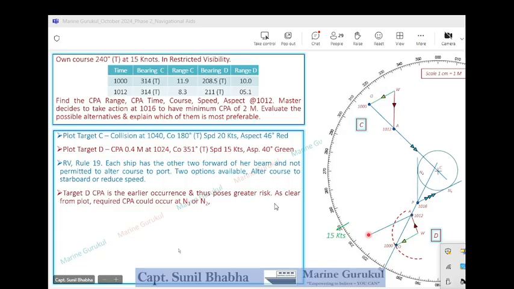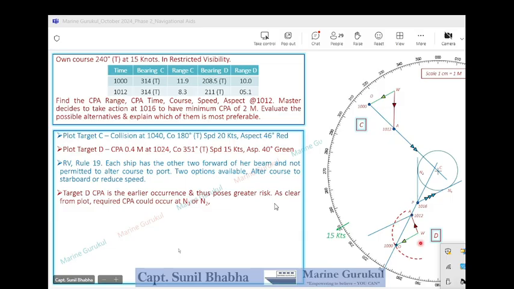Now what I do is I open up my compass equal to WO, Whiskey Oscar, for target Delta. Center my compass at point W, Whiskey, and draw an arc. You can see this red color arc coming up on the plot.